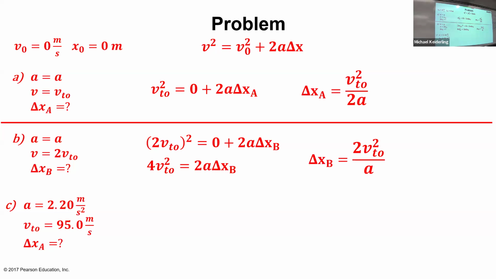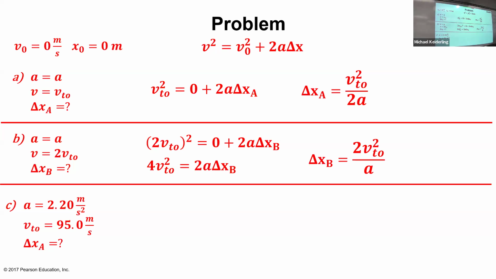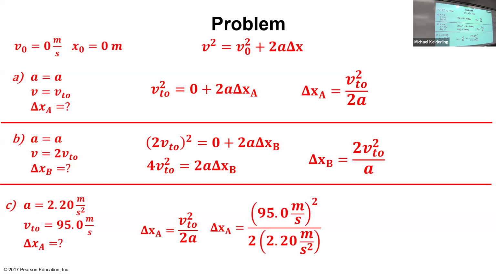And for part C, we can use our answer from part A and plug in the numbers. So from part A, we know that delta xa is v takeoff squared over 2 times the acceleration. So if we plug in the numbers, 95 meters per second, that's our takeoff speed, divided by 2 times 2.2 meters per second squared.